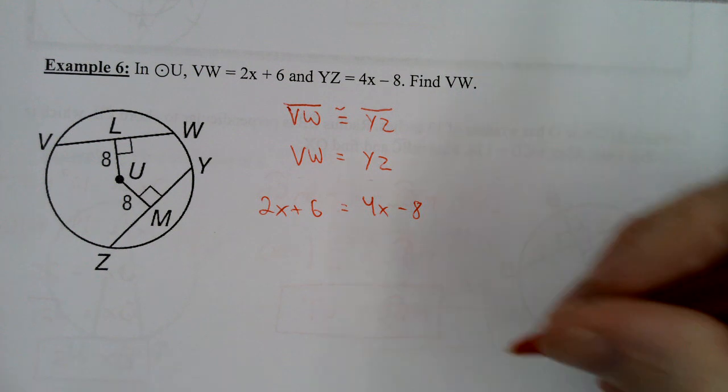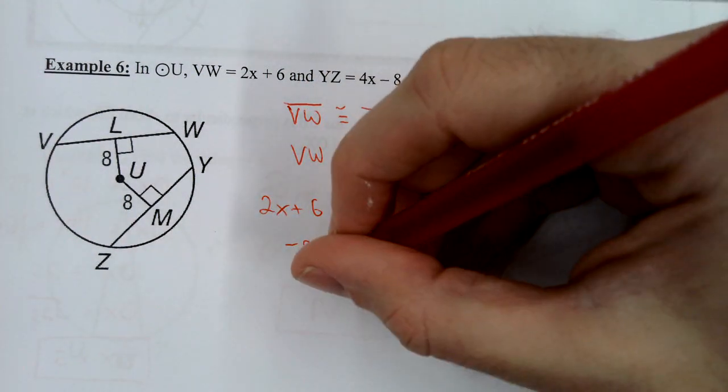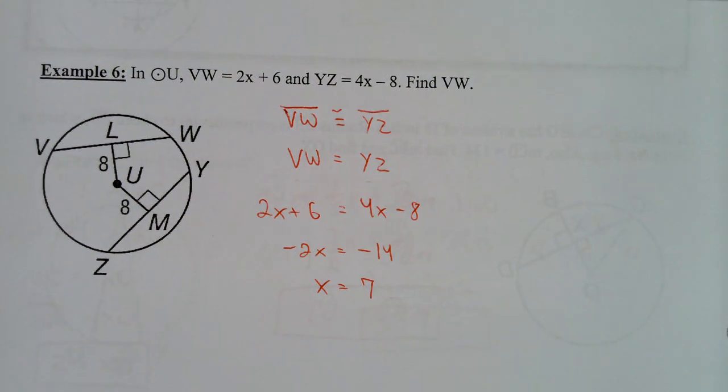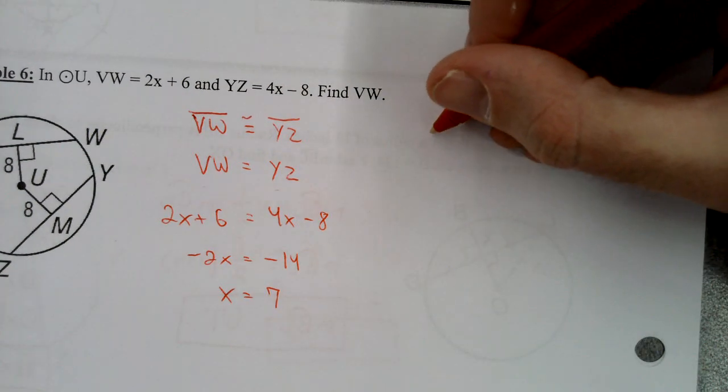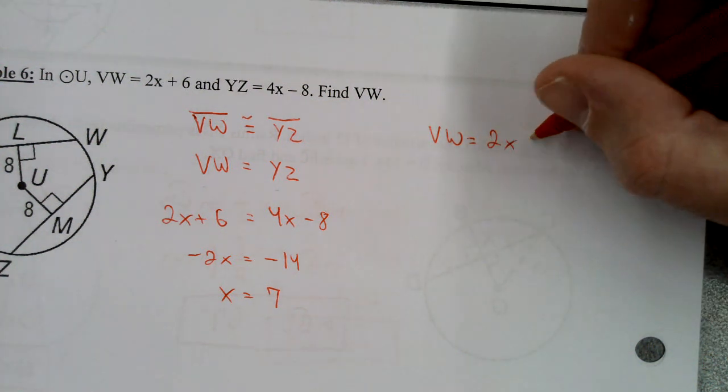Subtract 4x. Subtract 6. X equals 7. Question says find VW, so let's do that. VW equals 2x plus 6.